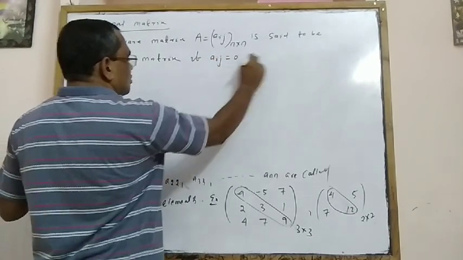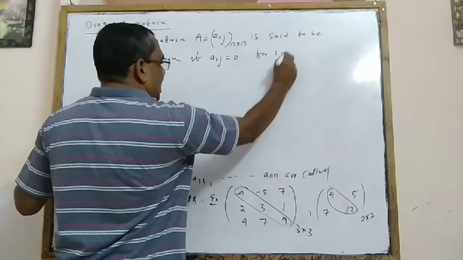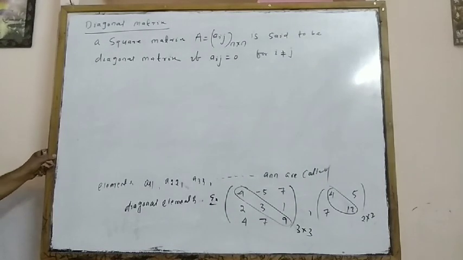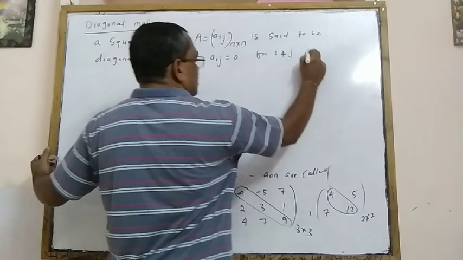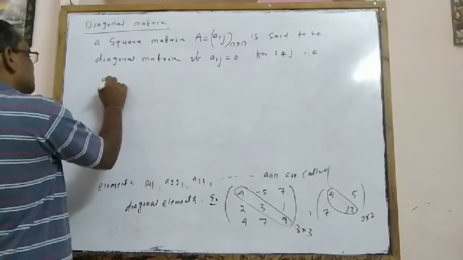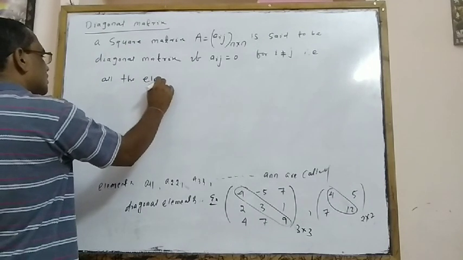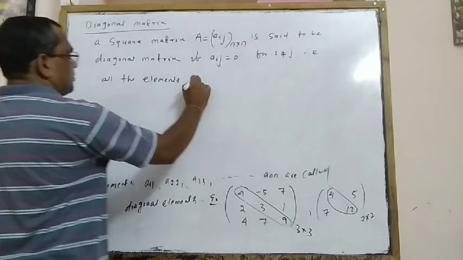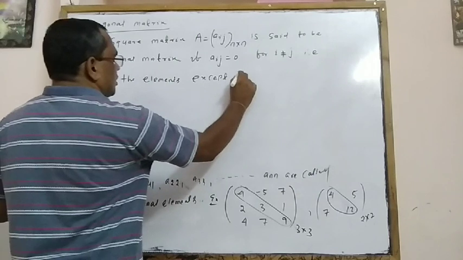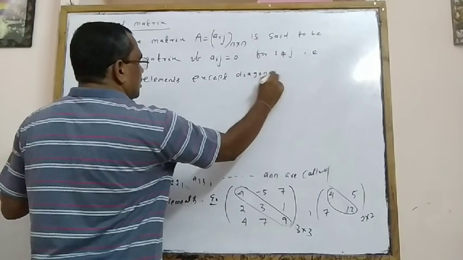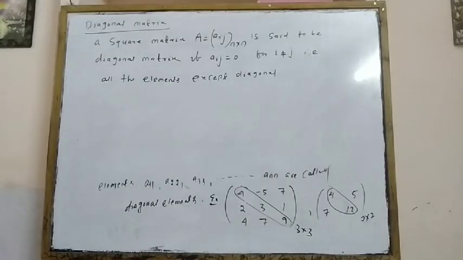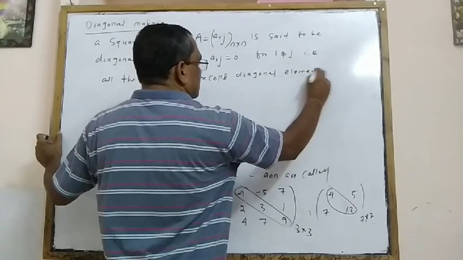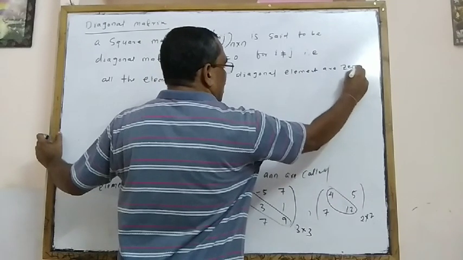aij is equal to 0 for all i not equal to j, that is, all the elements except the diagonal elements are 0.